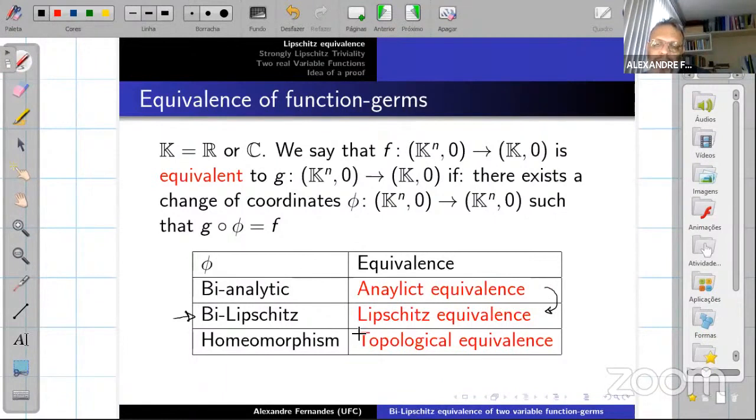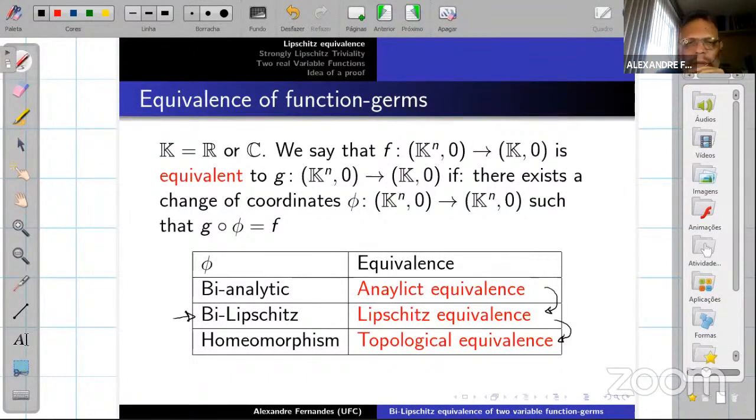And if two functions are bi-Lipschitz equivalent, they are topologically equivalent. In general, the other way around doesn't work. Sometimes you have two functions which are topologically equivalent, but not Lipschitz equivalent, and you have functions which are Lipschitz equivalent, but not analytically equivalent.